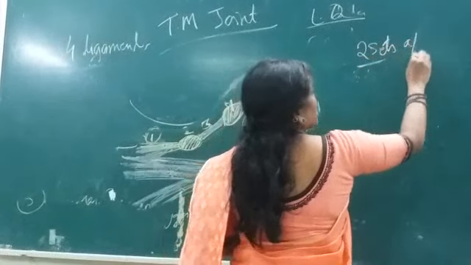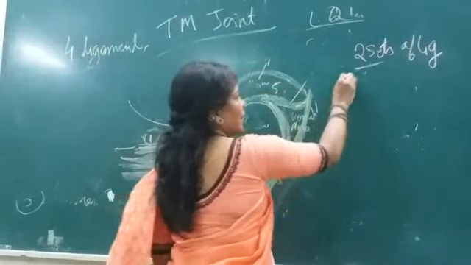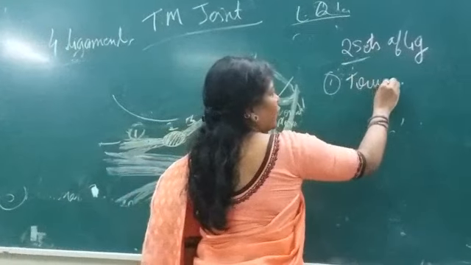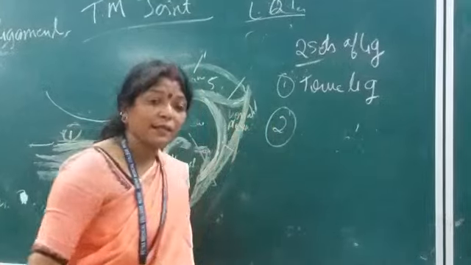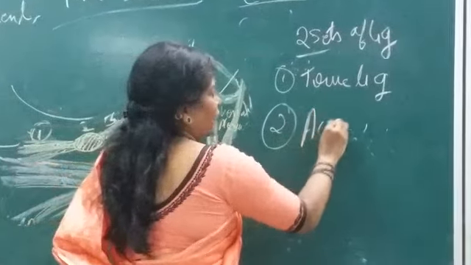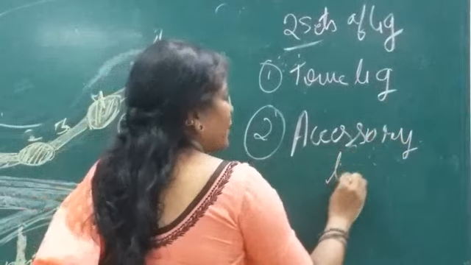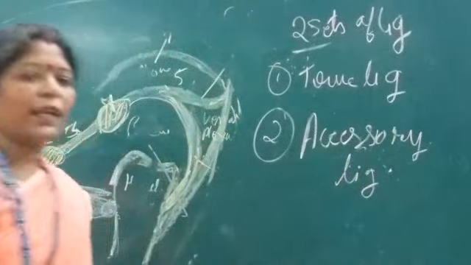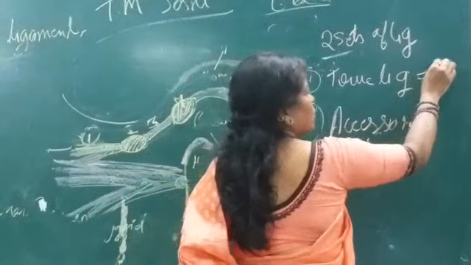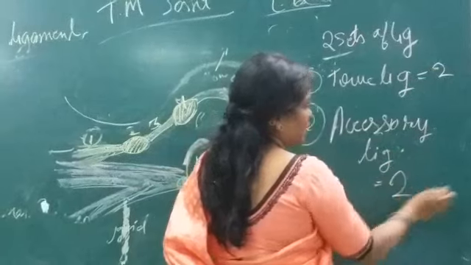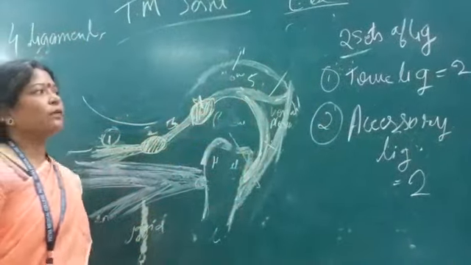Don't forget it, two sets of ligaments: true ligaments and false ligaments, or you can say accessory ligaments. So there are four ligaments of the temporomandibular joint. True ligaments are 2 in number, accessory ligaments are 2 in number.